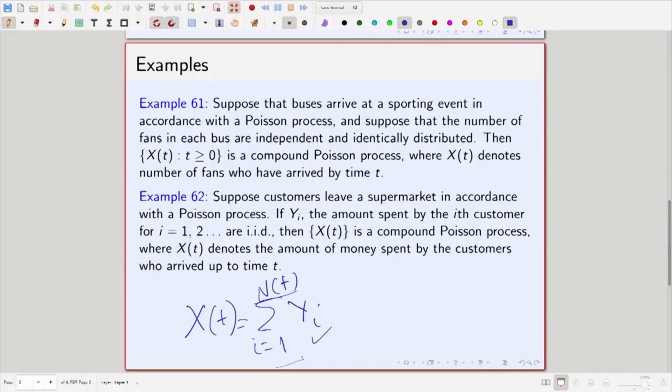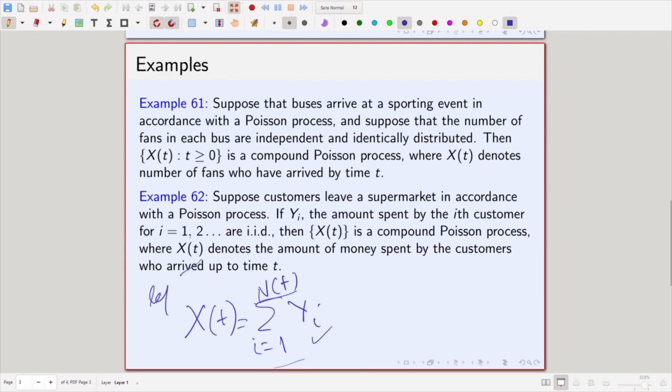Another example: suppose customers leave a supermarket in accordance with a Poisson process. If Y_i, the amount spent by the ith customer for i equal to 1, 2 and so on, are IID, then X(t) is a compound Poisson process, where X(t) denotes the amount of money spent by the customers.